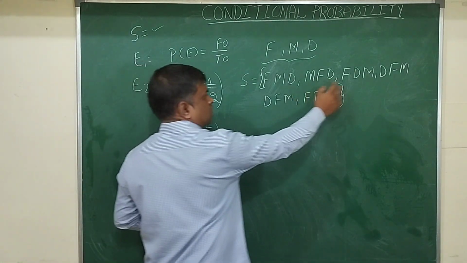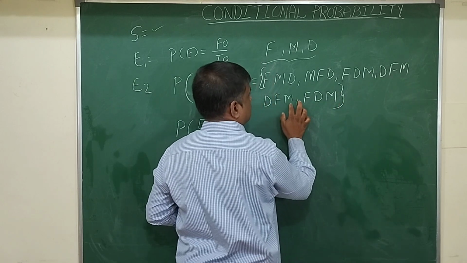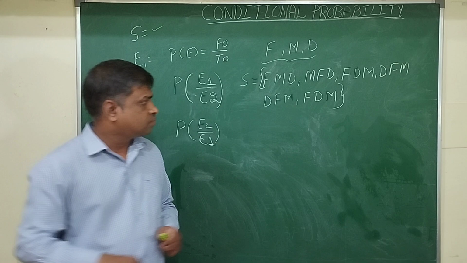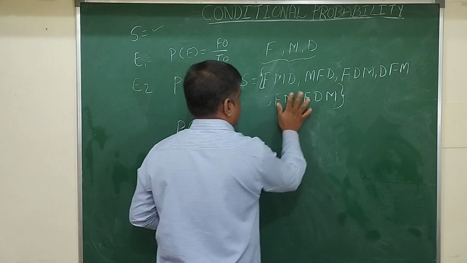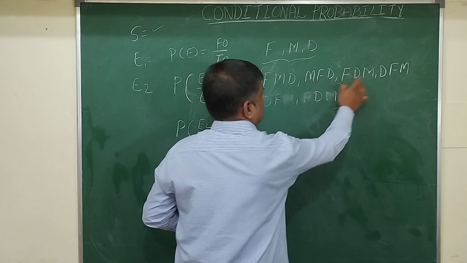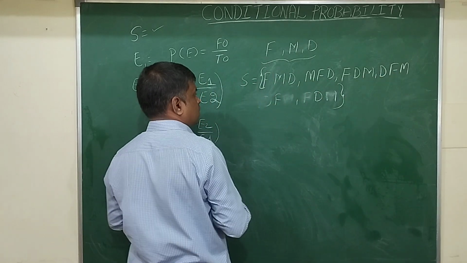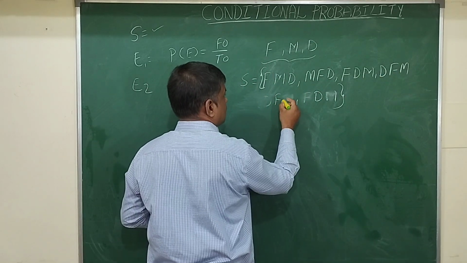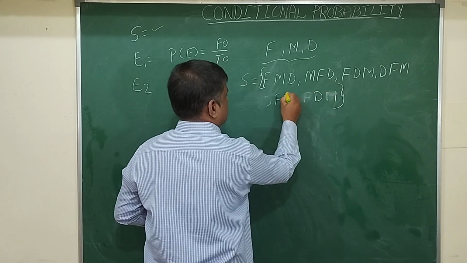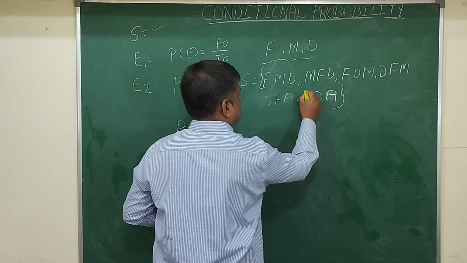See, D at the end, M at the end, again F should come here, right? Oh, there's a mistake here. So you have to write it like this. With D at the end and M at the end, where M is or F should come here. So here mother will come.